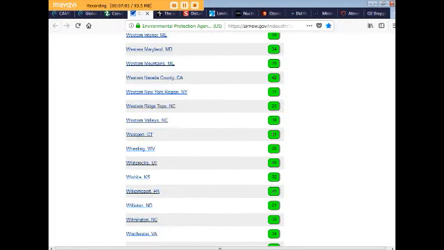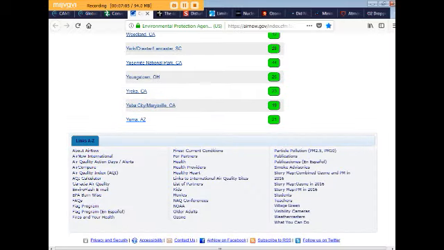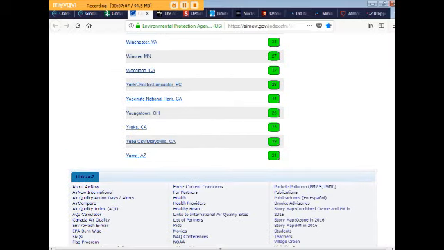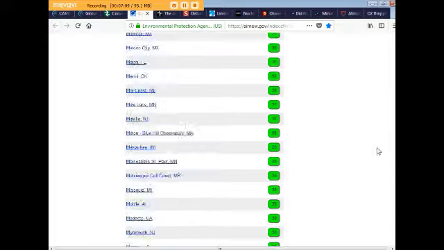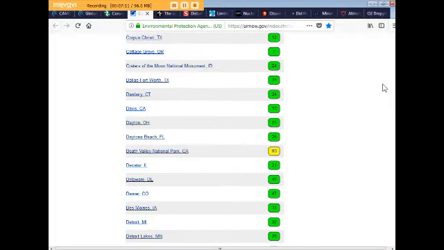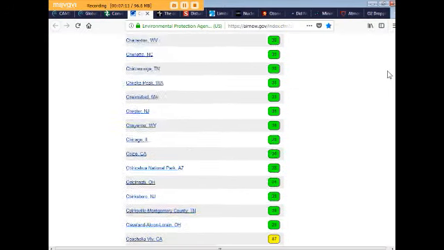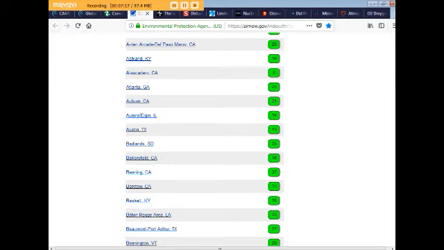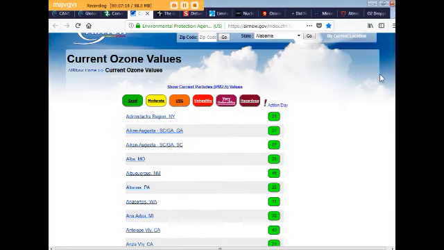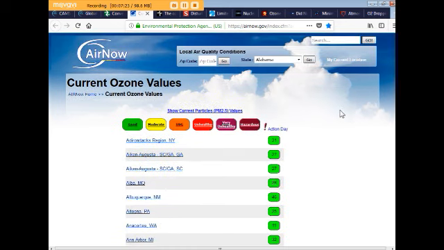So I think if you look at this website during the day, you'll see the numbers change as it heats up, and you'll find areas that are not safe.